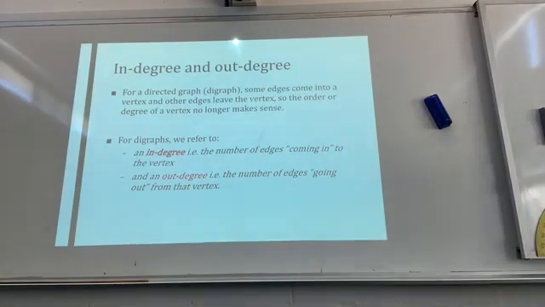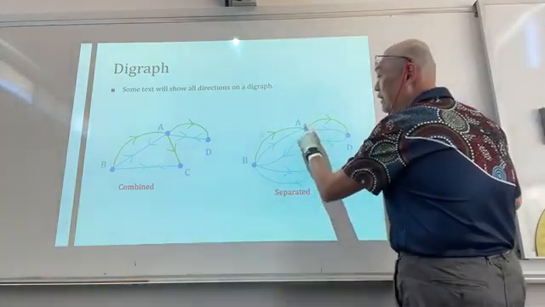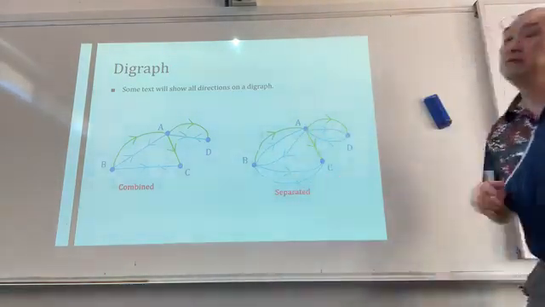Now, for a directed graph or digraph, you need to know the in degrees and out degrees. Right? For a digraph, an in degree is the number of edges coming into the vertex. Out degree is the number of edges going out from the vertex. So in and out. In this case, go back to the previous one very quickly. There are two in and one out.